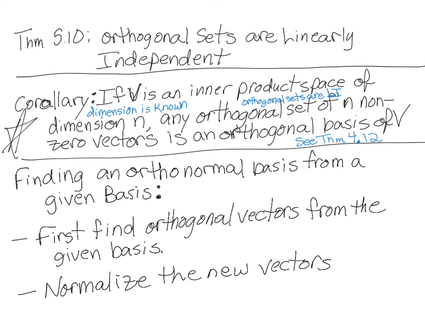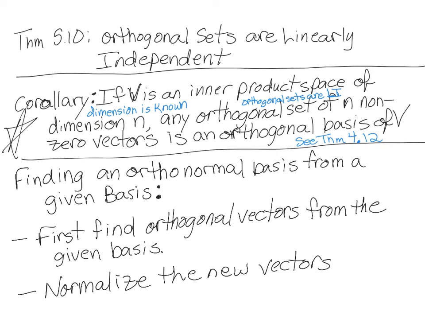So if either one of those is true, and linear independence is, then it is a basis. So if you're in three-dimensional space and you have three vectors that are orthogonal to each other, you can know that you have an orthogonal basis.